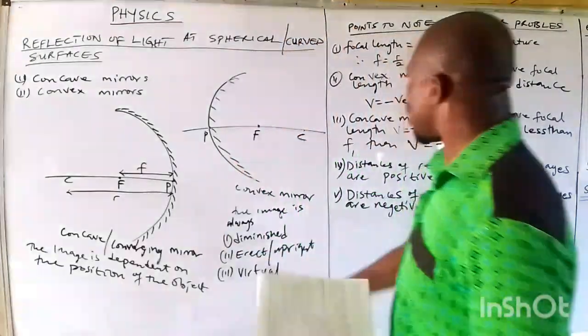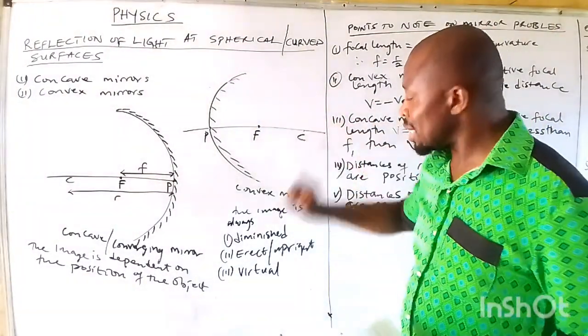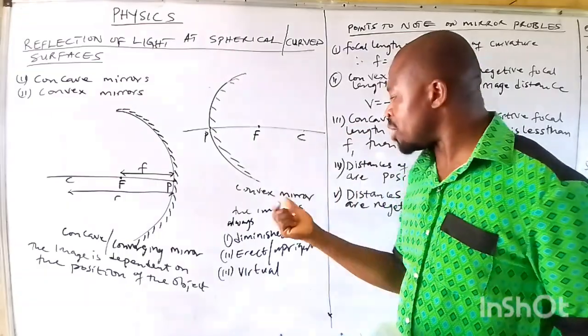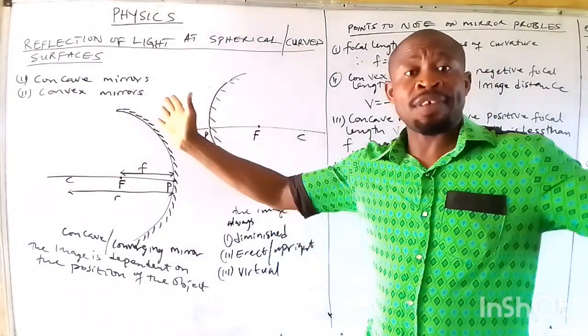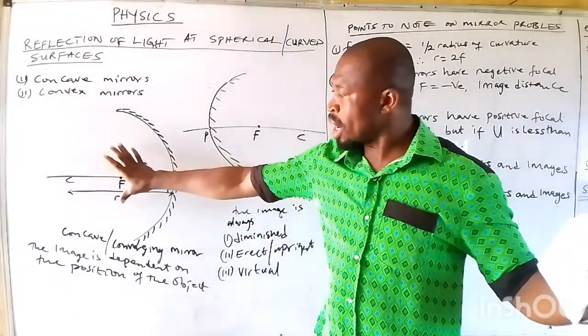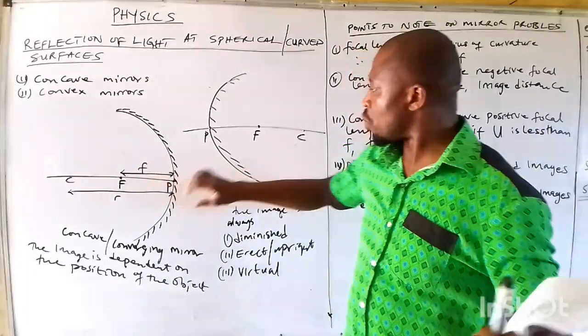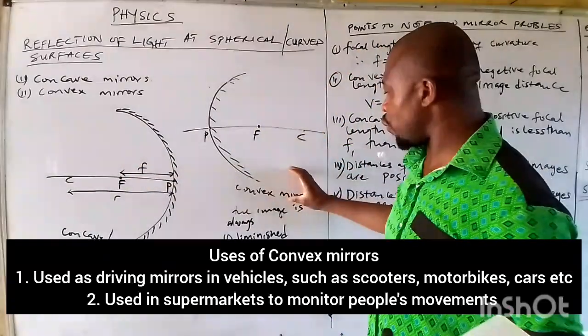Apart from the dentist's use and the use as shaving mirrors that I've mentioned, now for this one, like we said, it always produces a very diminished image. It has a very wide field of view, whereas this one has a limited range of view.